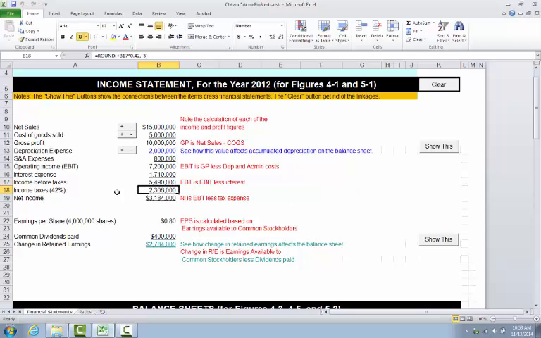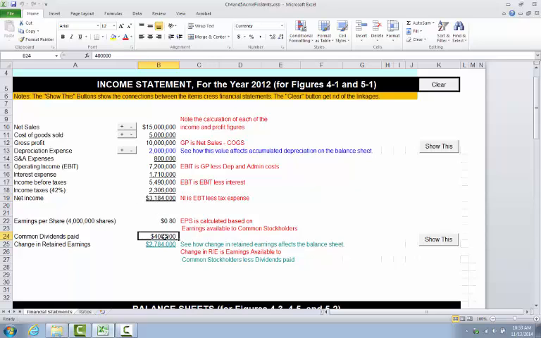I subtract the taxes. In this case, we assume 42% is the tax rate, and that leaves us with $3,184,000 of net income. This belongs to the stockholders, the owners of the firm. And there are two things that can happen with this.